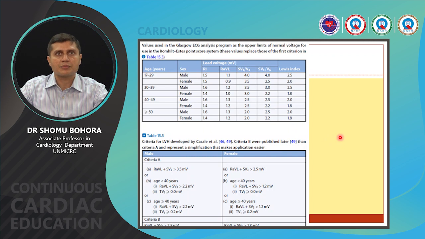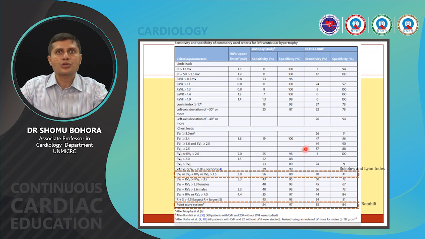Now these have been studied in various studies, and they have different sensitivity and specificity, but the most easy way to find out LVH is the Sokolow-Lyon index, which can be seen by looking at only one or two leads, and the Romhilt-Estes scoring system.